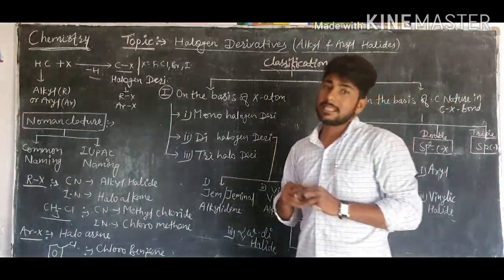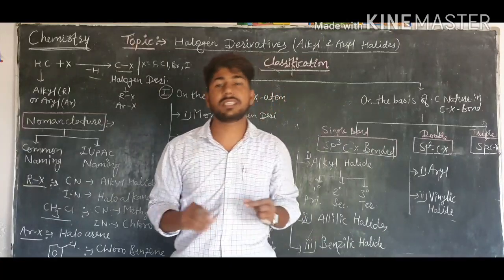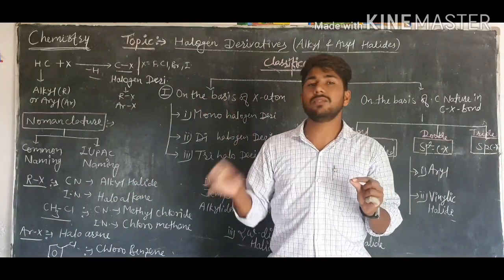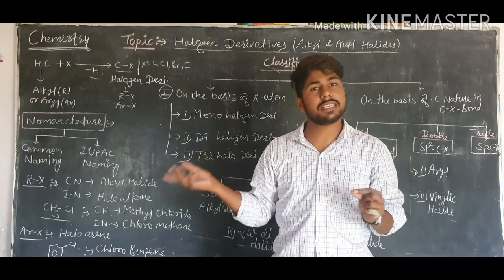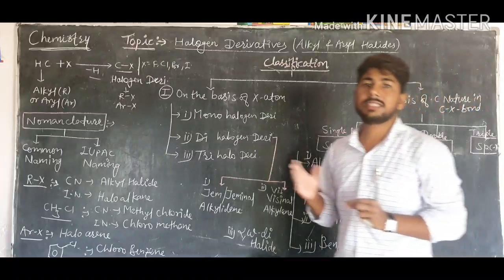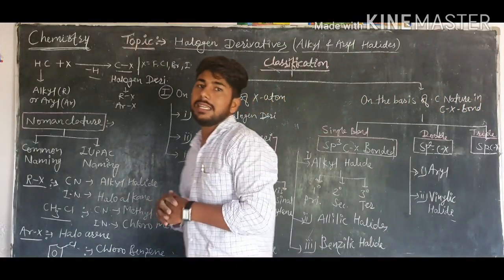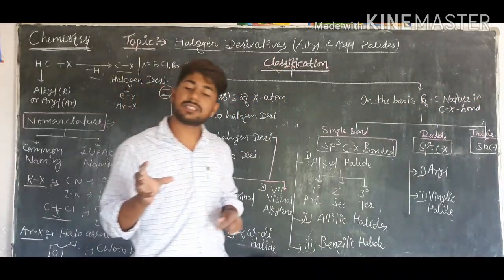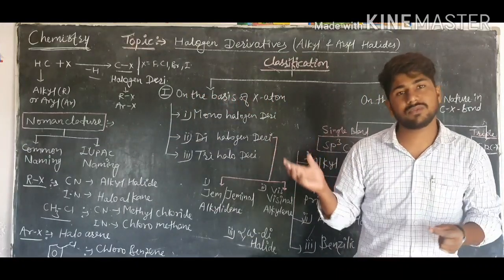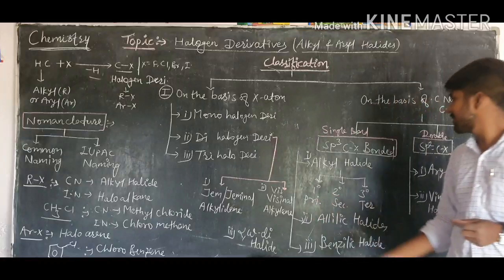In a secondary alkyl halide, the carbon attached to the halogen has two other valencies attached to two alkyl groups, called a 2 degree alkyl halide. In a 3 degree alkyl halide, the carbon attached to the halogen has the other three valencies attached to alkyl groups, called a tertiary alkyl halide.